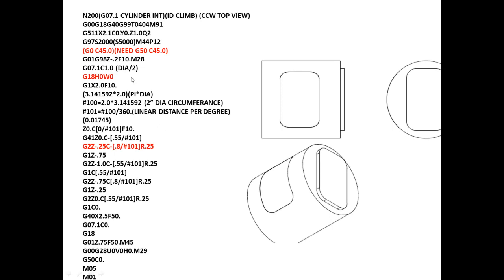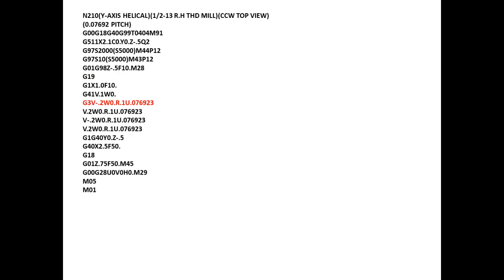So that's what I like about this G7.1. I like the Mitsubishi way much better. I don't need to calculate that much, but that will come up a little later. So I'm gonna move on to the next line.